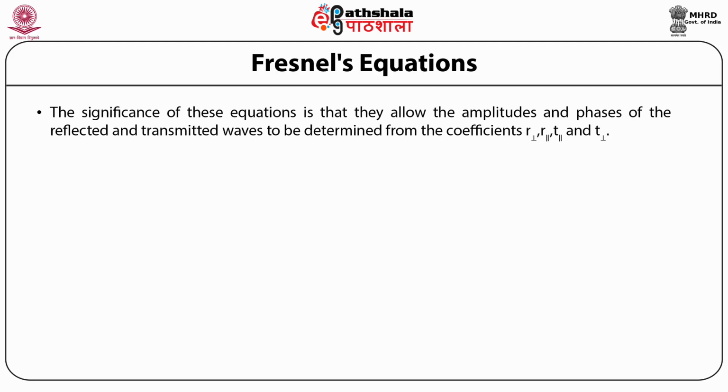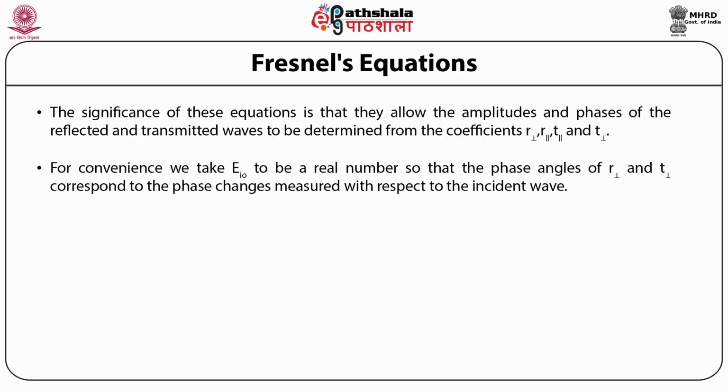The significance of these equations is that they allow the amplitudes and phases of the reflected and transmitted waves to be determined from the coefficients r perpendicular, r parallel, t parallel and t perpendicular. For convenience, we take E i0 to be a real number so that the phase angles of r perpendicular and t perpendicular correspond to the phase changes measured with respect to the incident wave.